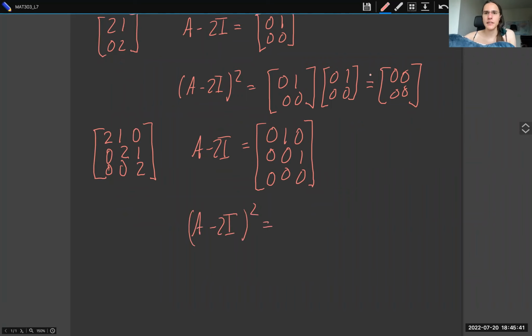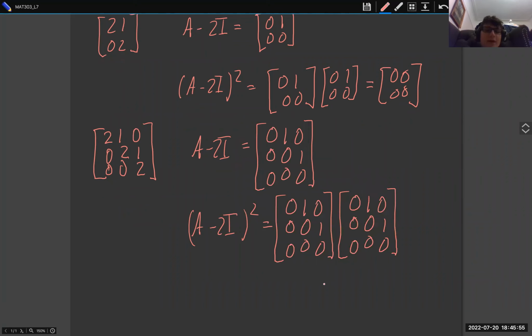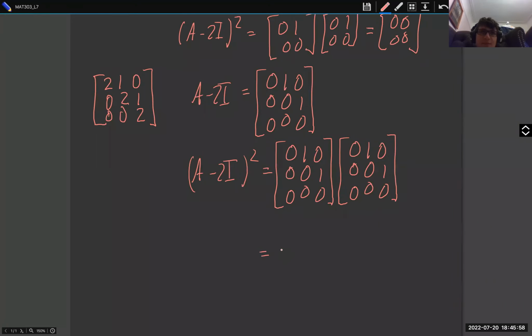Well, just as a visual aid, I can put the matrix twice. It's going to be zeros everywhere besides the last column in the middle. So if we take this by this, notice that we get 1 here and 1 here.